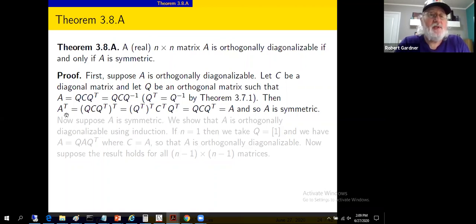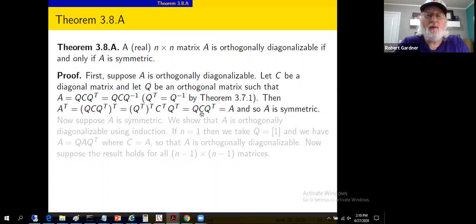If we transpose this, take A transpose. Remember, we're trying to show A is symmetric in this one. Take the transpose of A. That's the same as the transpose of this. It produces Q transpose transpose, C transpose in the middle, Q transpose on the right. Q transpose transpose is Q. C transpose is C. Remember, C is a diagonal matrix, so it's symmetric, so it equals its transpose.